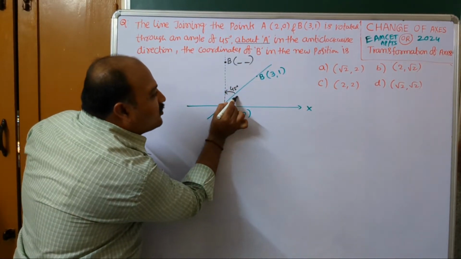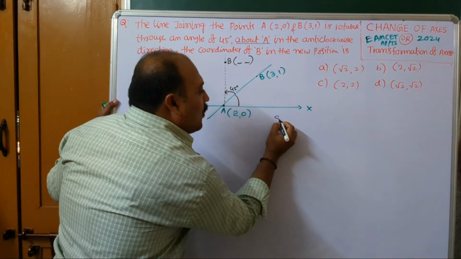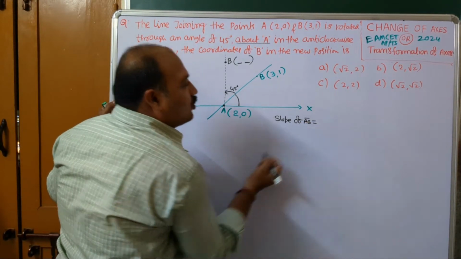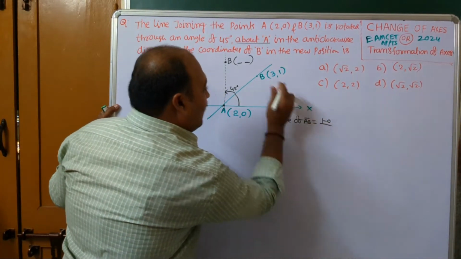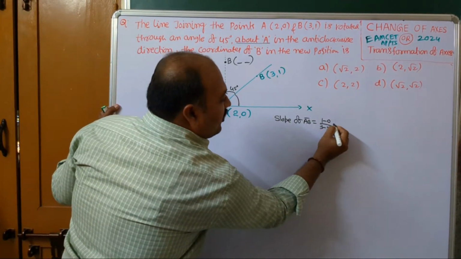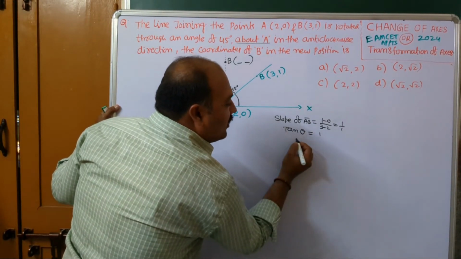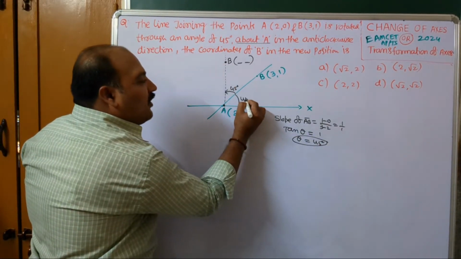But what about this angle? You can find out the slope of AB. Slope of AB is equal to y2 minus y1 by x2 minus x1, 1 minus 0 divided by 3 minus 2. So 1 by 1. Slope definition is what? Tan theta is equal to 1. So theta equal to 45 degrees. Even here also 45 degrees.